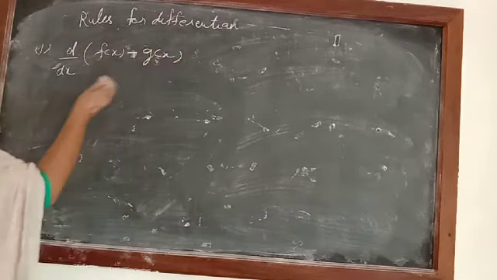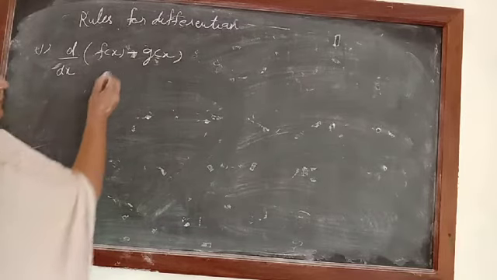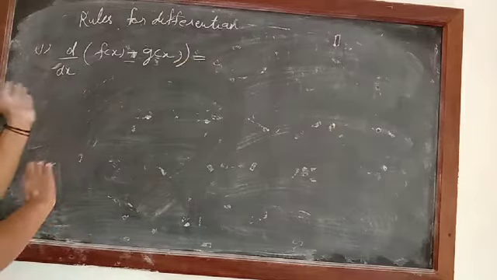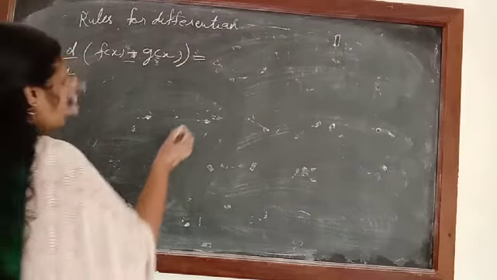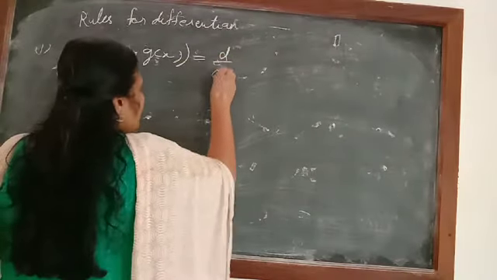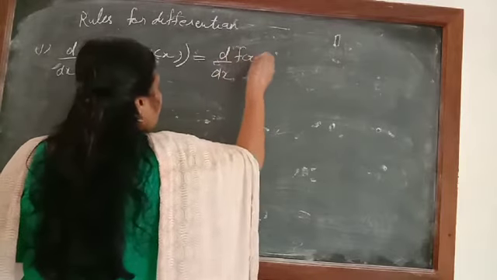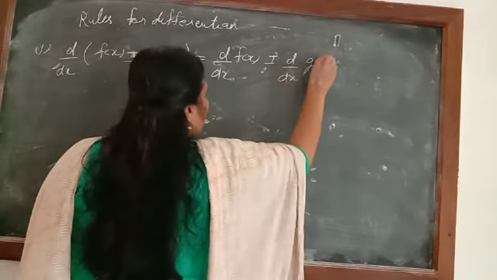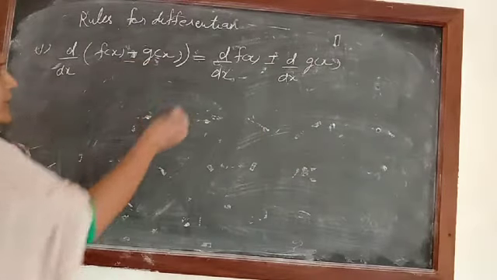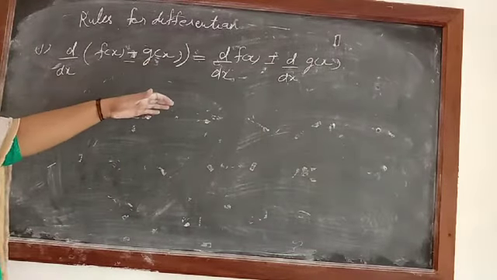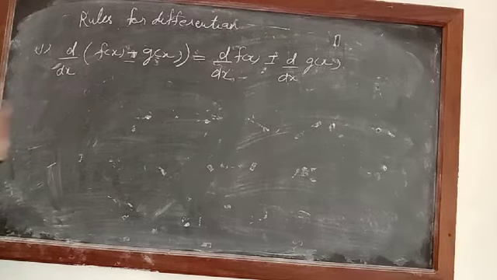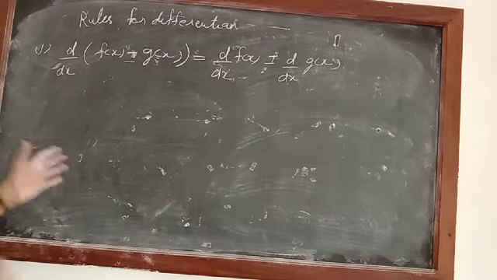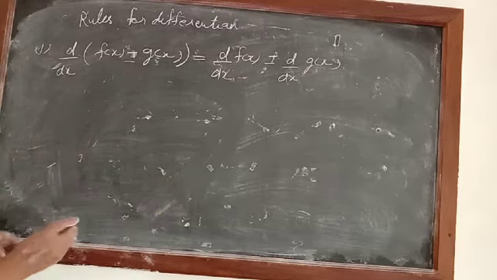Means if two functions are there in differentiation, with plus or minus whatever sign, we can differentiate them separately. So it can be written as d by dx of f of x plus or minus d by dx of g of x. I wrote plus or minus both because it will depend on the question. If subtraction is there, we will do the subtraction. So we can find the derivative separately.